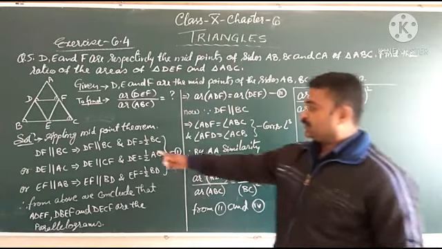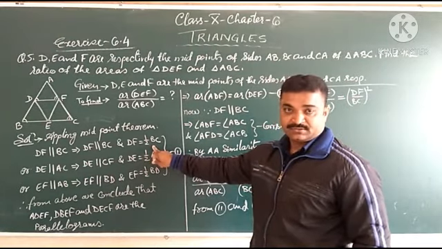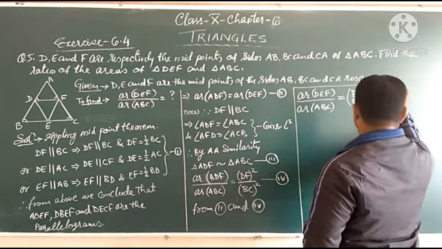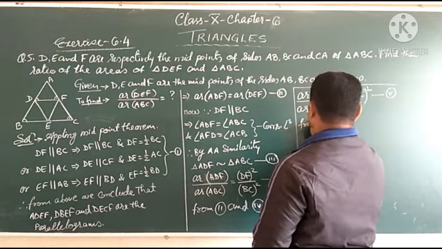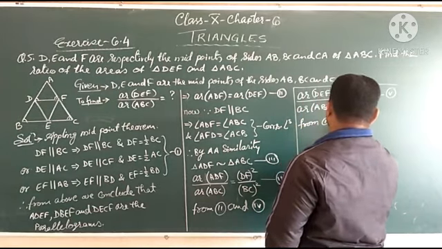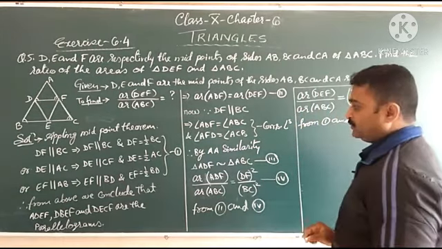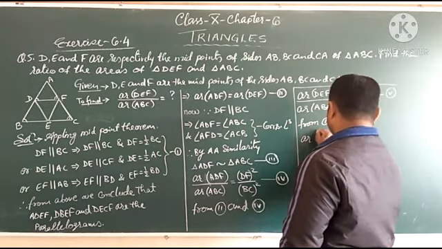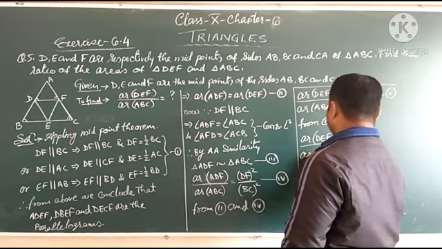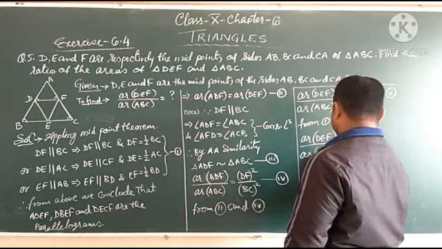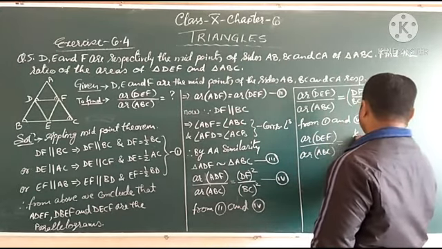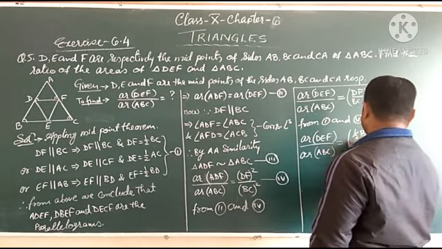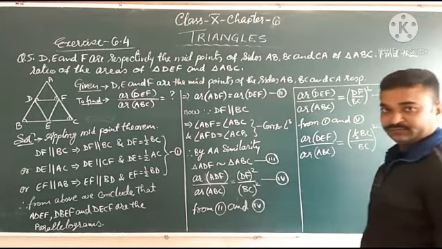See, DF is equal to half of BC, is it? So it is equation number 5. Now from 1 and 5, area of DEF upon area of ABC is equal to half of BC upon BC whole square.